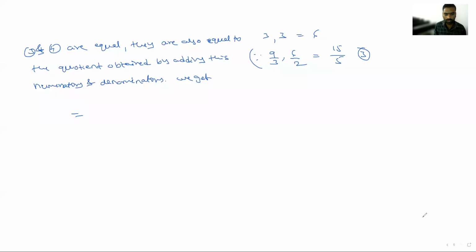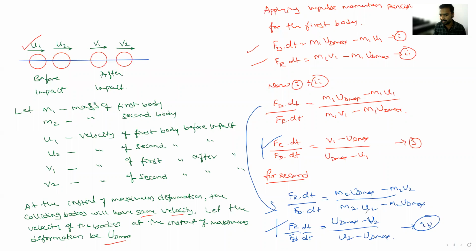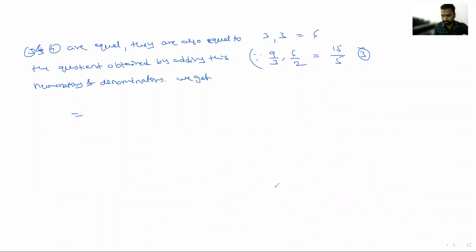So this equation is equal to, in equation number 3 and equation number 4, I am adding these two. What is there? V1 minus ud max, and here plus ud max minus V2. ud max gets cancelled. V1 minus V2 you will get. Yes, write down that one. All of you write down. So V1 minus ud max plus ud max minus V2 divided by ud max minus U1 plus U2 minus ud max.